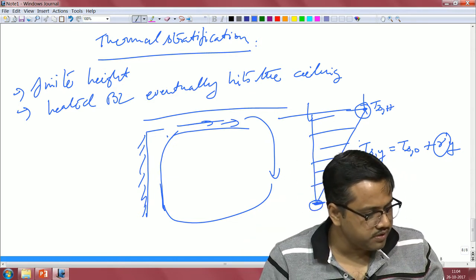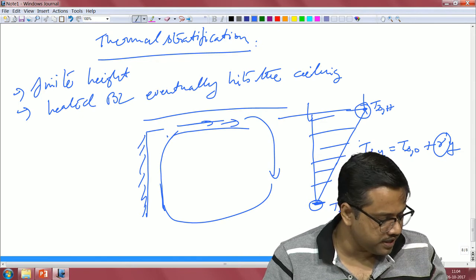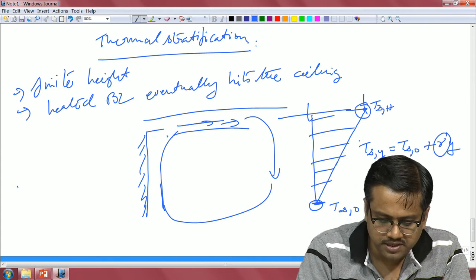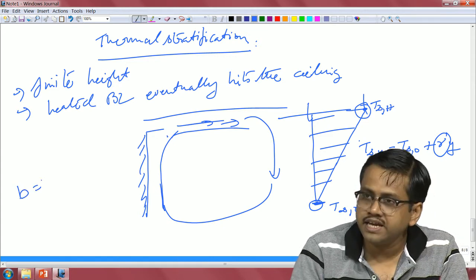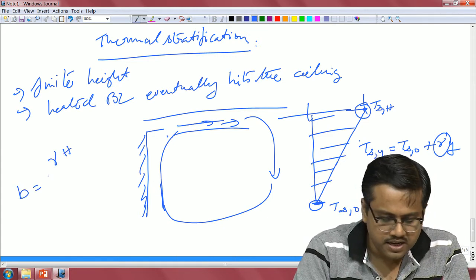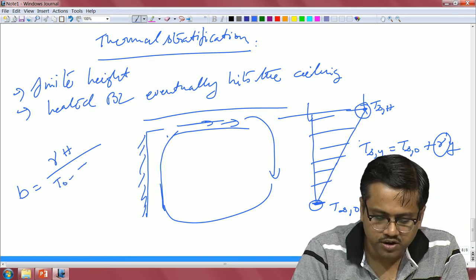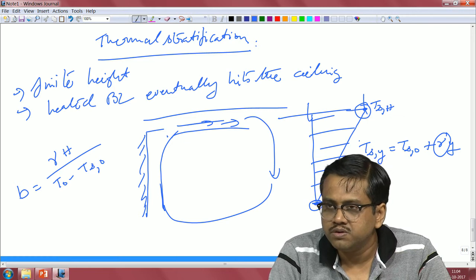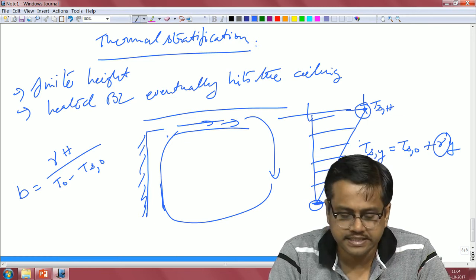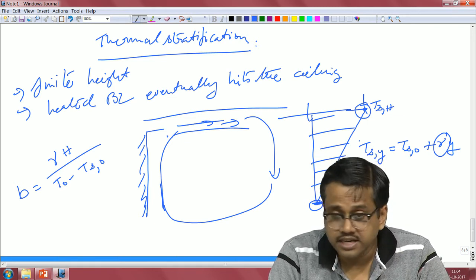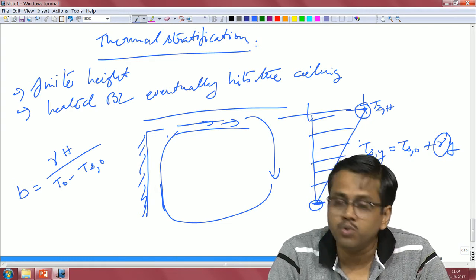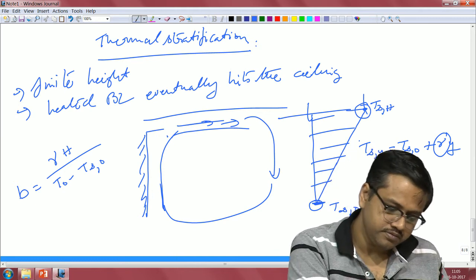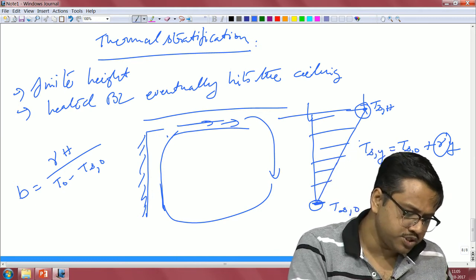So, that is a very important argument here, and we can write this particular parameter as B, a stratification parameter, gamma h divided by T naught minus T infinity naught. So, B is equal to 0 when it is not stratified at all, and B is equal to 1 when it is fully stratified. Got it. So, that is the most important part.